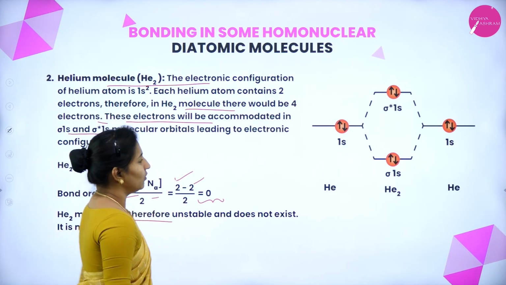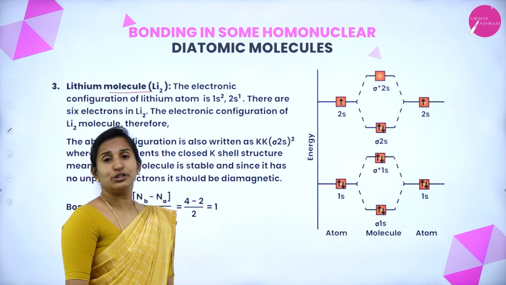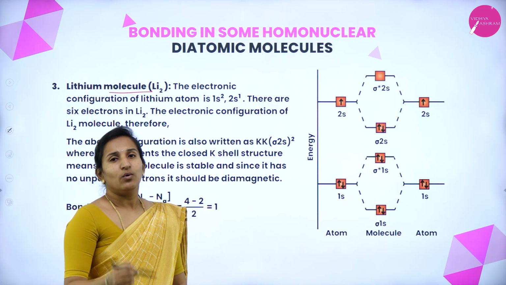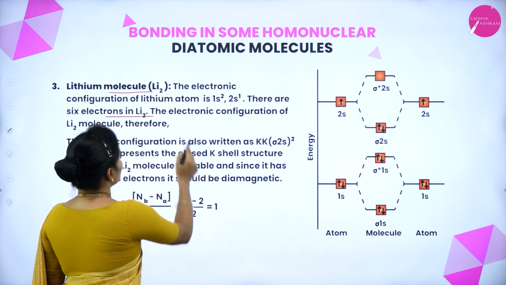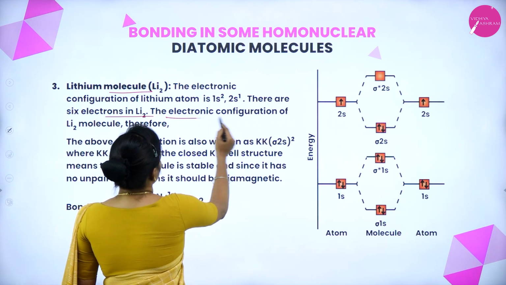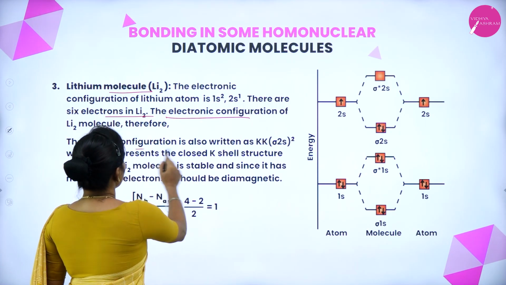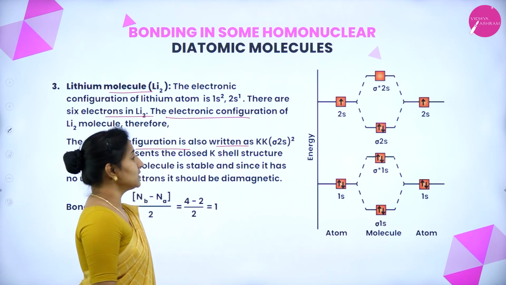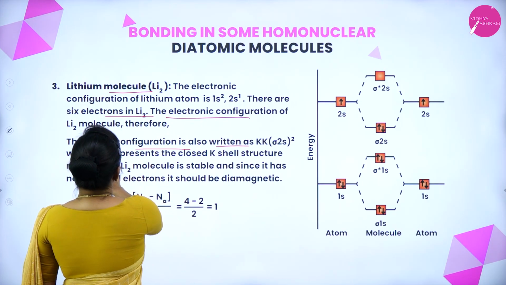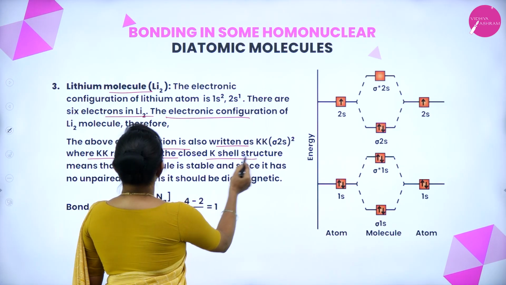Helium exists as a monoatomic molecule. Lithium. The electronic configuration of lithium is 1s2, 2s1. There are 6 electrons in Li2. The electronic configuration of the Li2 molecule is also written as KK sigma 2s2, where KK represents the closed K shell structure.